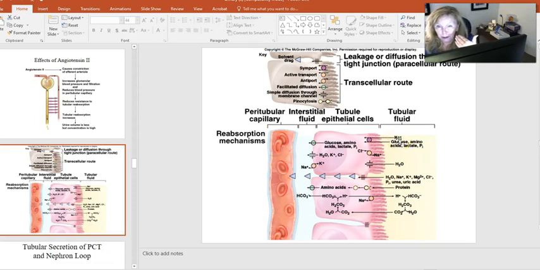There should never be glucose in urine because you've reclaimed it, right? You've reclaimed your electrolytes. You're reclaiming what you need, and it's moving through that one-cell-layer-thick tubule into the blood capillaries, and 99% is being reabsorbed.